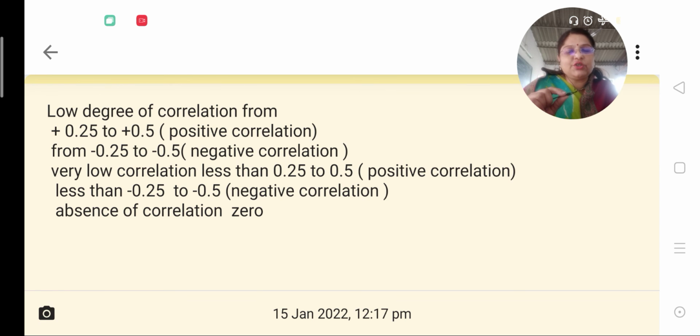Very low positive correlation exists when the value of r is less than 0.25, and very low negative correlation when the value of r is greater than -0.25. And there is an absence of correlation when the value of r is 0.